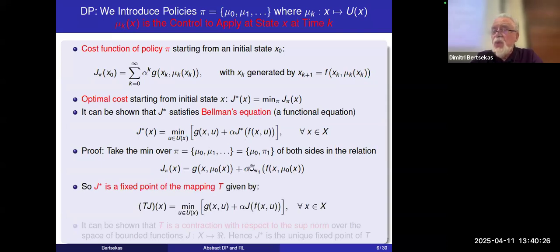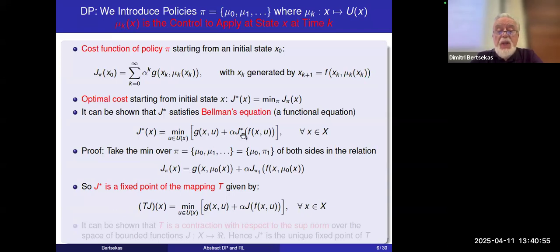It's a short proof, and there are similar proofs of Bellman's equation, perhaps more complicated. Generally, Bellman's equation holds in just about every dynamic programming problem. It took me like 40 years to discover a counterexample. There is a counterexample, but it's extremely difficult to construct. So you can take it as given that Bellman's equation is satisfied.